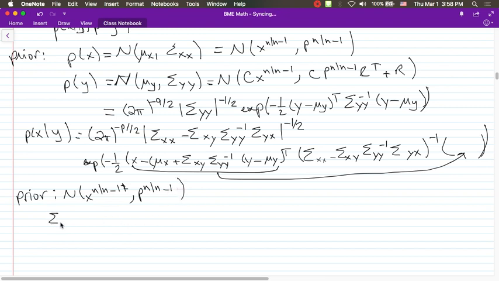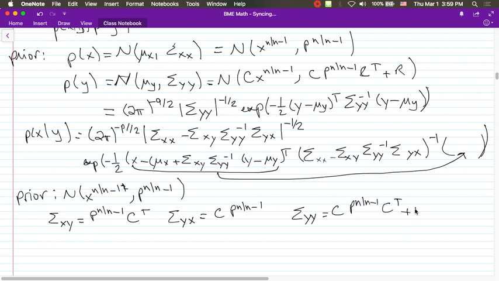The covariance matrix sigma xy was P of n, n minus 1 C transpose. We did this just a few minutes ago. The covariance yx was C P of n, n minus 1. The variance of y was C P of n, n minus 1 C transpose plus R.